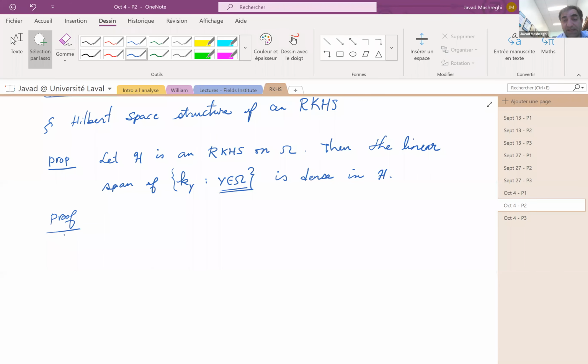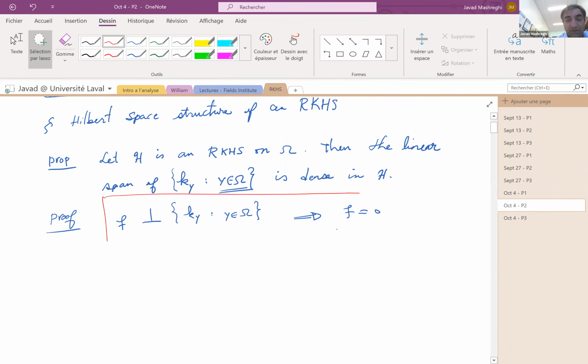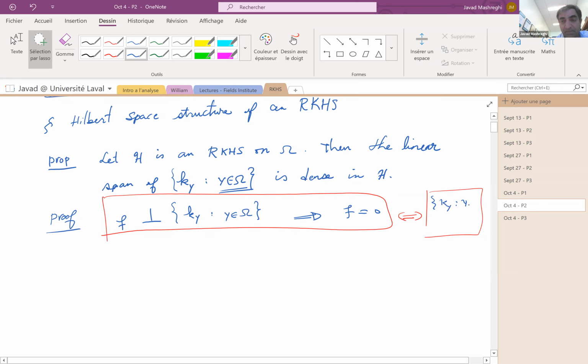How to show that something is dense? Show that if F is orthogonal to this set, then F is 0. If we show this, it is equivalent to showing that the set is dense. That's a technique from Hilbert space.